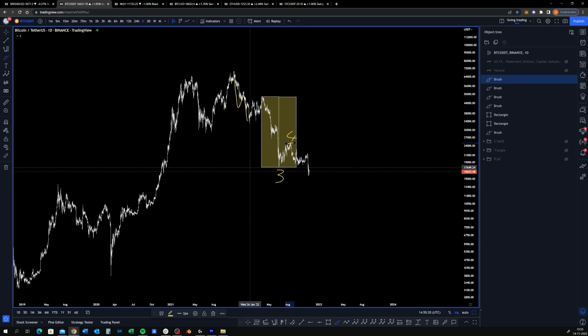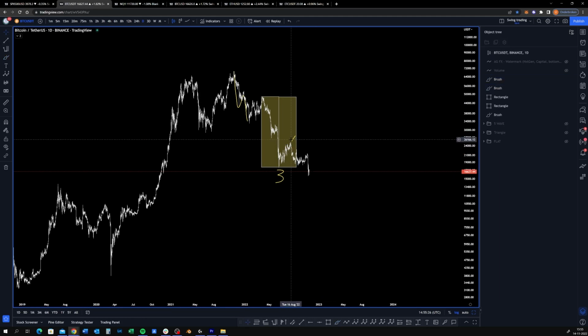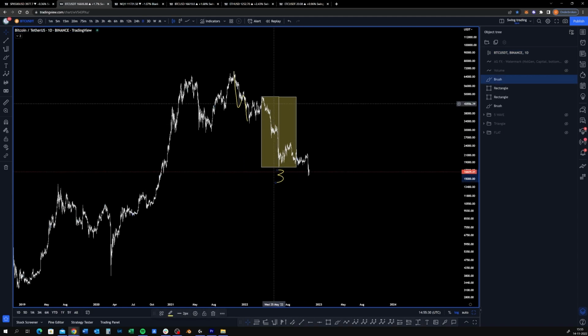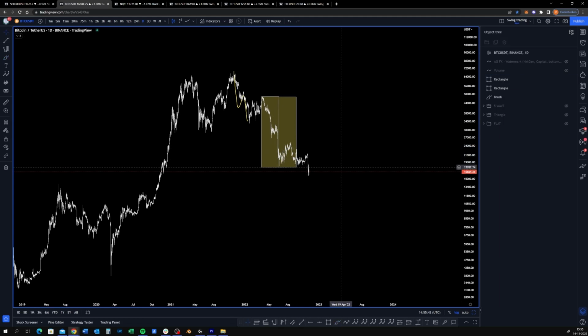It's not very common. It is not a dealbreaker, but it isn't very common for wave 4 to take less time than wave 3, because it's corrective, so there's uncertainty, so it should actually be a bit longer than wave 3. So that's the second reason.